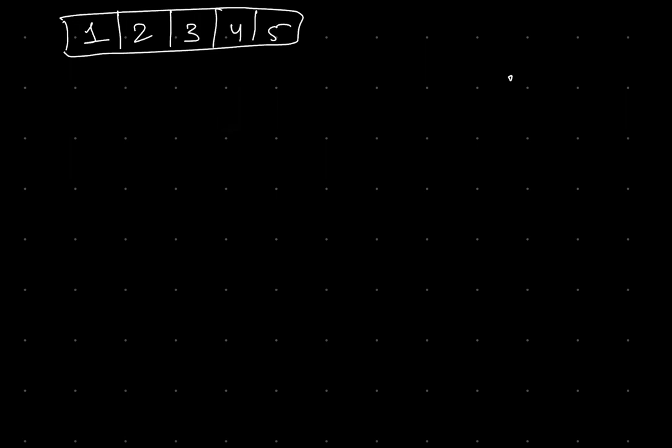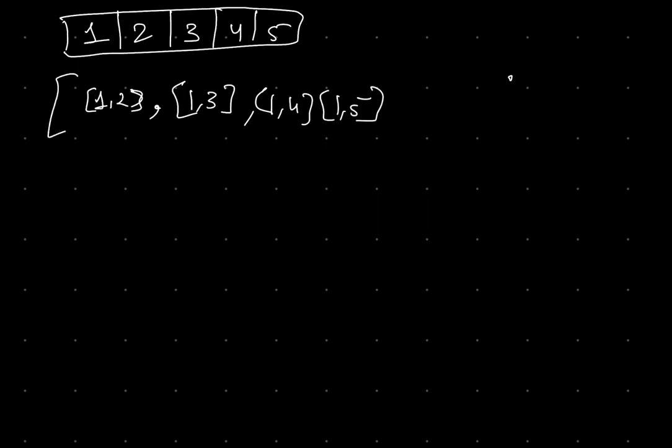So this was our array. Now what can we do? We will be storing these elements in the form of pairs. So let's say we stored all the fractions that are 1 comma 2, then 1 comma 3, 1 comma 4, 1 comma 5, as an array of all this in the form of pairs.